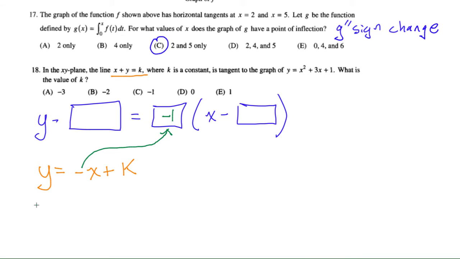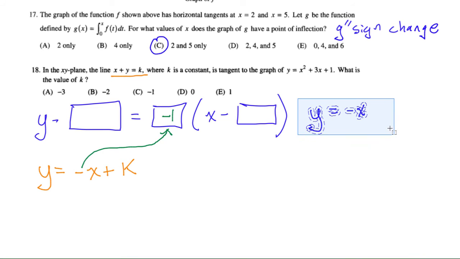We know that if I distribute this, I'm going to get y is equal to negative x, and then eventually somehow plus k.